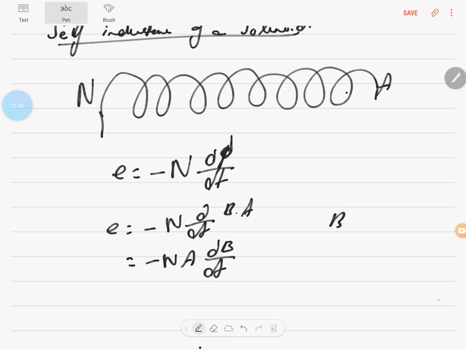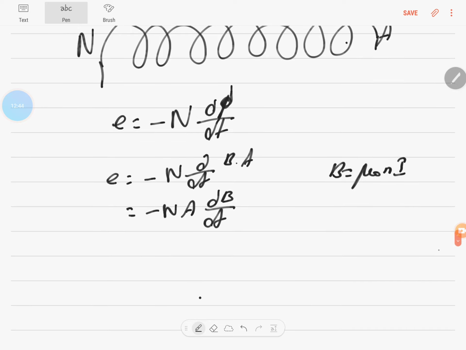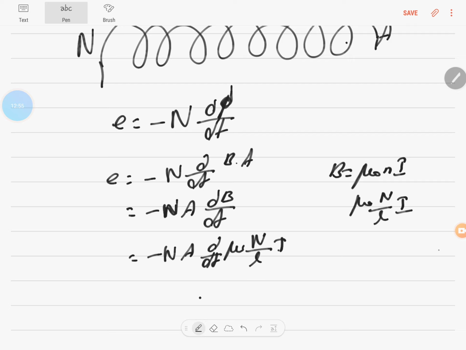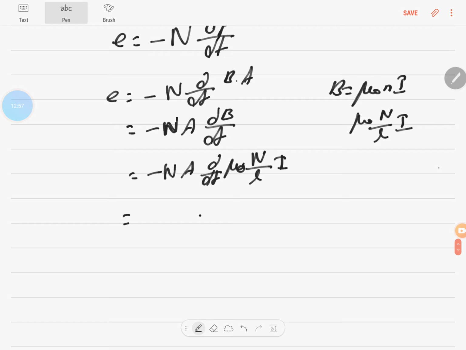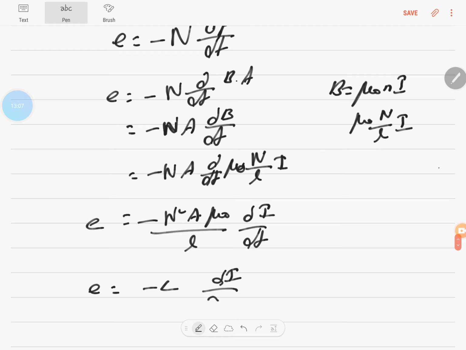And what is B of a solenoid? You all know it's mu naught into small n into I. And you can substitute small n as capital N by L, into I, because there's a capital N again. So it will be helpful. So d by dt of mu naught into capital N by L into I gives minus N square A mu naught by L into di by dt as E, and thus it gets to the form minus L into di by dt.